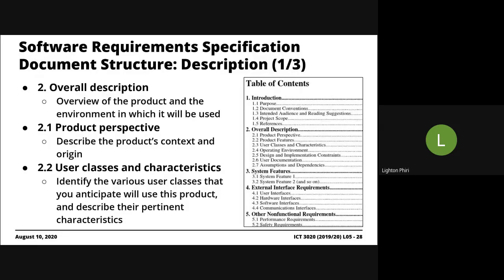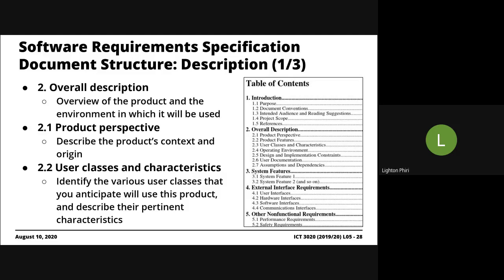So the product perspective subsection describes the product in context and its origin, right? You'll be able to see examples as we walk through the case example, hopefully the next time we meet. The user classes are nothing more than an outline of all the different user roles associated with your system. Now remember, we want to draw a distinction between the user classes and the stakeholders.